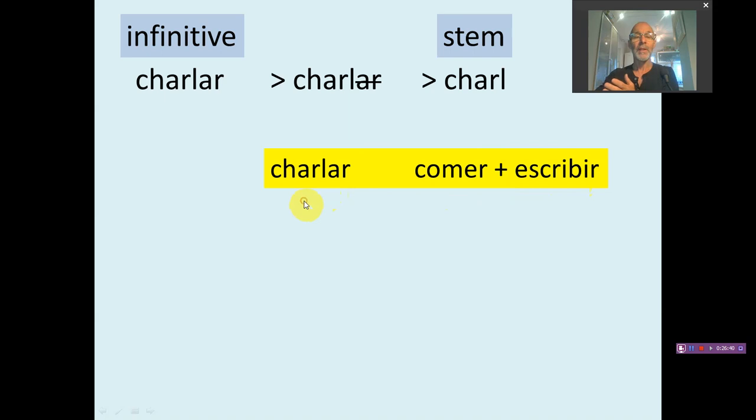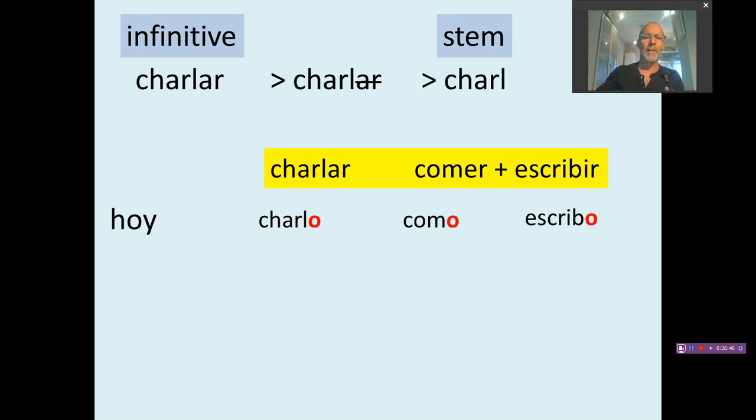Now, present tense. Present tense goes like this, and I've used the word hoy here to remind us that we're talking about the present. What does hoy mean? It means today, doesn't it?